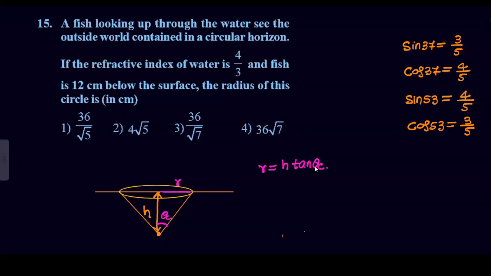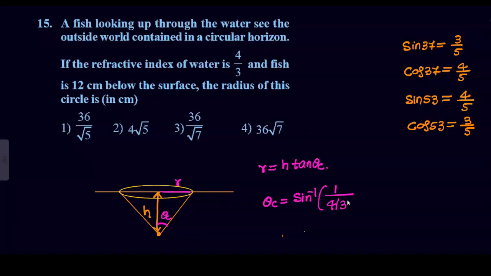So we need to get the tan theta c value. Here we apply Snell's law to get the relation. The theta c value is sine inverse of mu r by mu d, so 1 by 4 by 3.